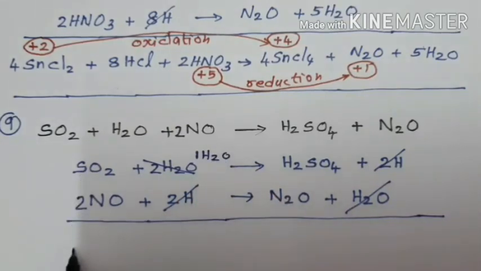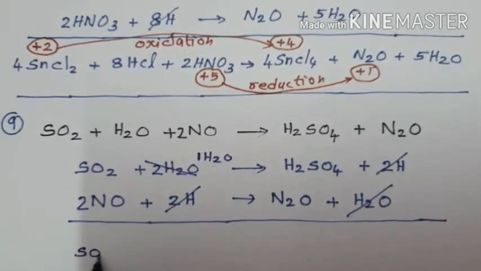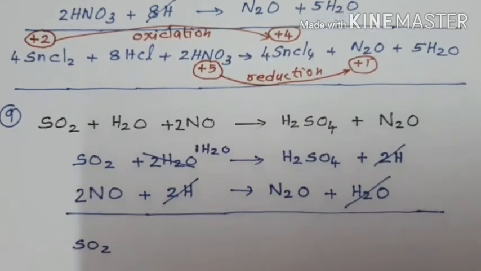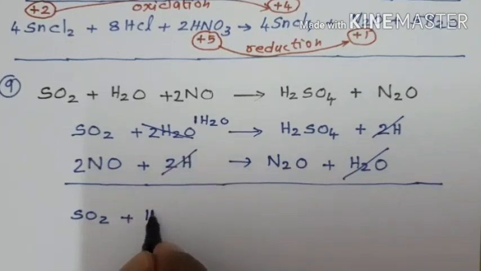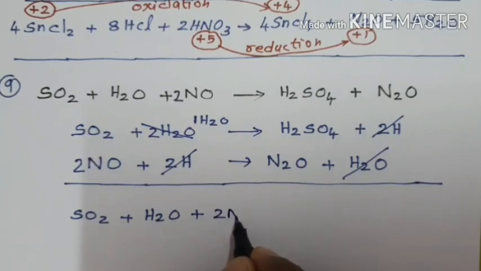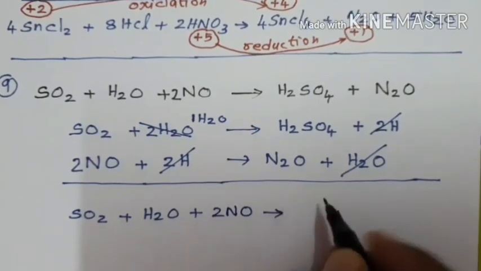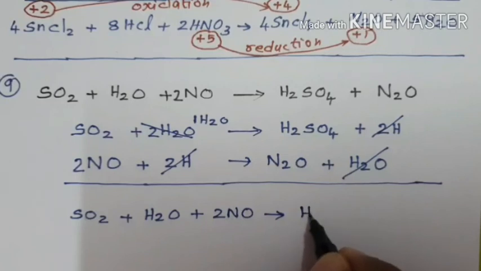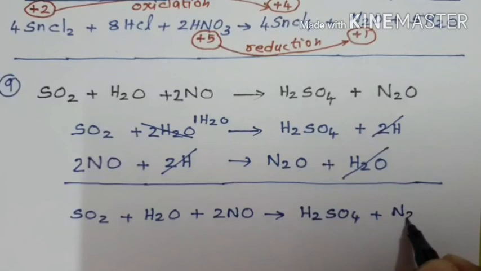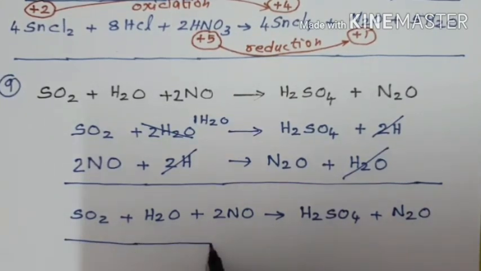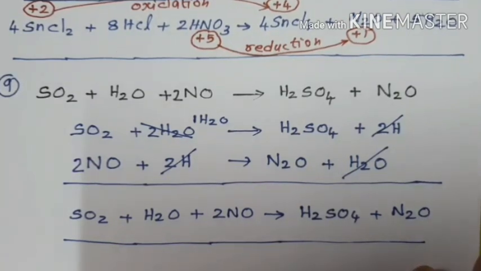So adding all these, the left hand side is SO2 plus H2O plus 2NO, nitric oxide, gives H2SO4, sulfuric acid, and nitrous oxide. So this is also one of the methods used to prepare nitrous oxide, N2O.